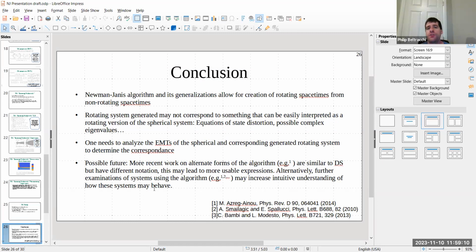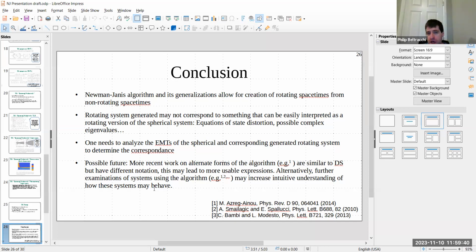So, in conclusion, the Newman-Janis algorithm allows for creation of rotating spacetimes from non-rotating spacetimes through a mathematical procedure. However, the rotating version of the spacetime may not correspond to something that can be easily interpreted as a physically rotating version of the spherical system.